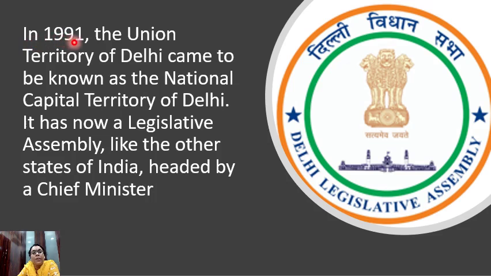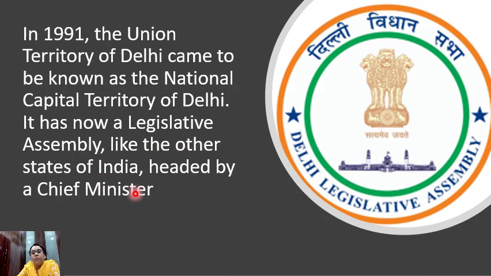In 1991, the Union Territory of Delhi came to be known as the National Capital Territory of Delhi. It now has a legislative assembly like the other states of India, headed by a chief minister.